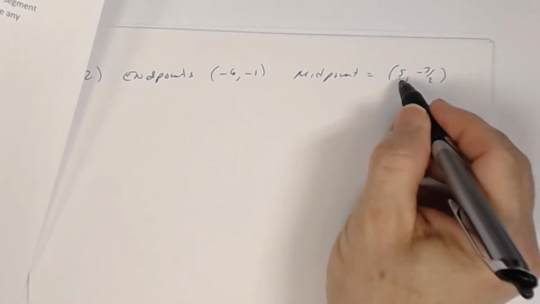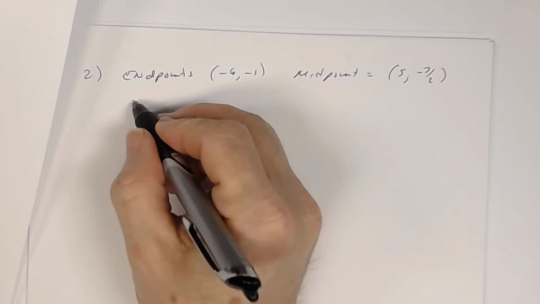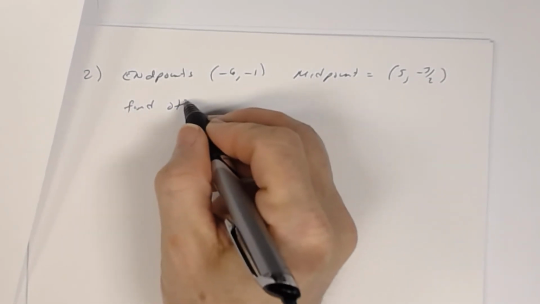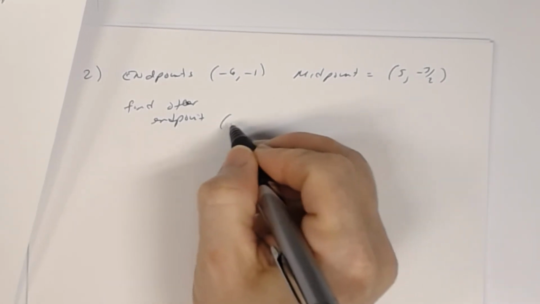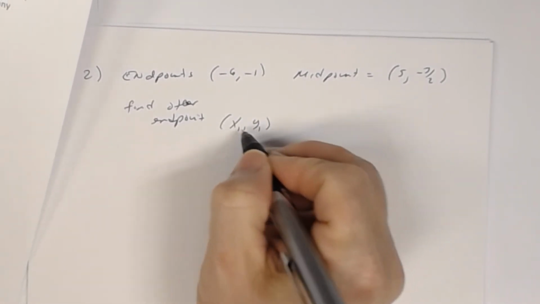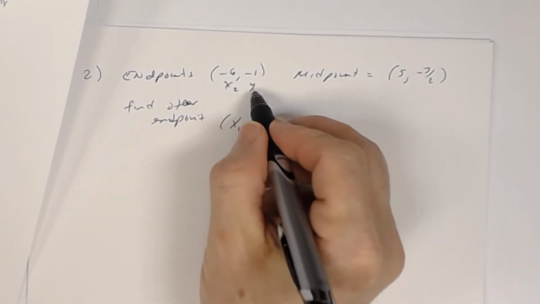That's the x coordinate of the midpoint and that's the y coordinate of the midpoint. I want to find the other endpoint, so let's call that x1, y1, and label this x2, y2.